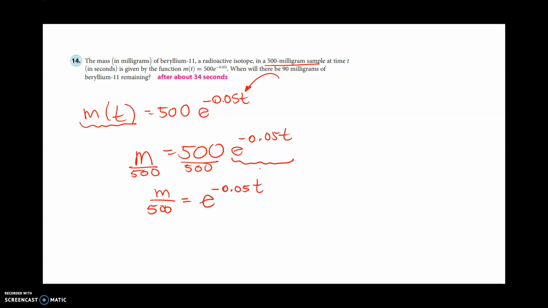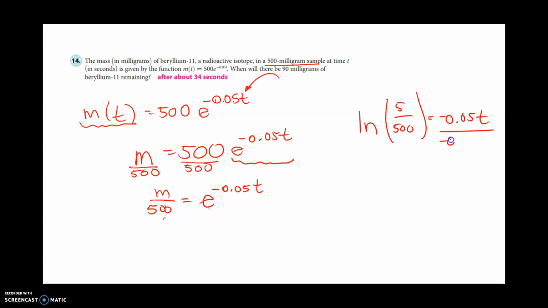Can I rewrite this as a log, right? So if this is the base e, so that's the natural log of, right, this m over 500, that equals negative 0.05 t.